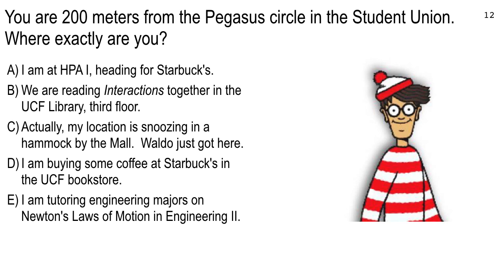No, in the Pegasus Circle in the Student Union. Now you've got to make a judgment call here. I'm going to give you the benefit of the doubt on this one, but you have to give me your best judgment call.